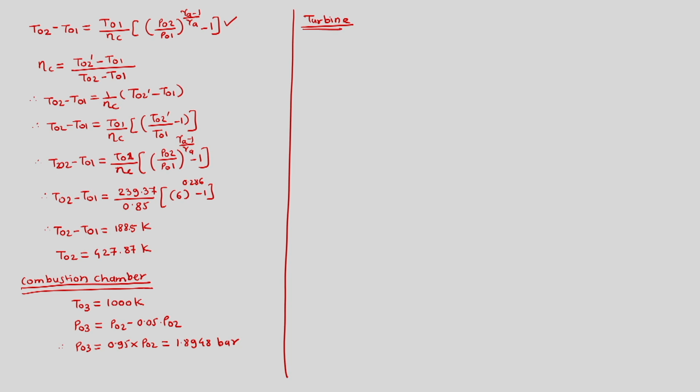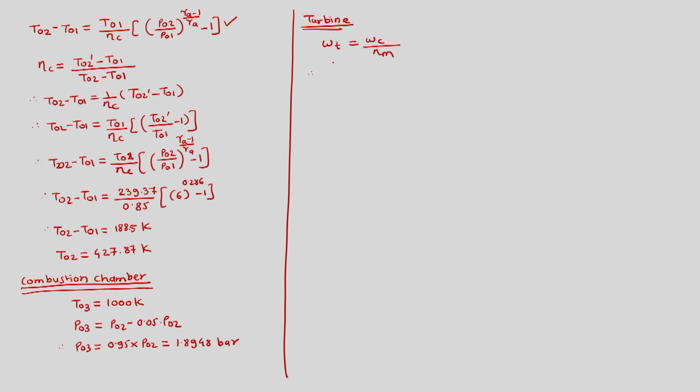For the turbine, we now can make use of the fact that turbine work actually has to be equal to compressor work for 100% mechanical efficiency. If it is not 100%, then turbine has to do more work. So turbine work is equal to compressor work divided by mechanical efficiency.